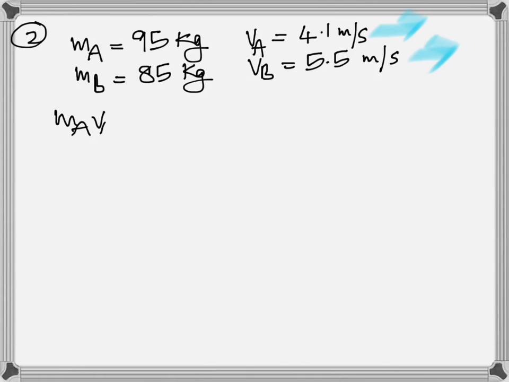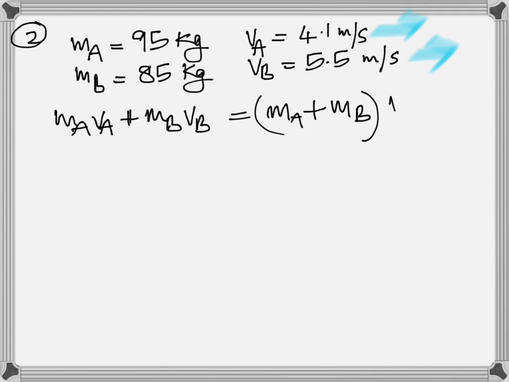Not only that, the cornerback actually latches on to the halfback, so they move together after the collision. Therefore, they are one object, their masses are added together, and they have a common velocity.